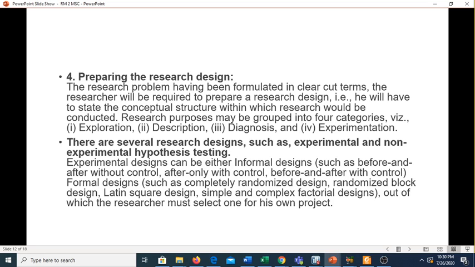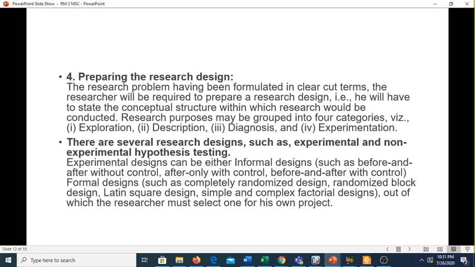For example, the research problem having been formulated in clear-cut terms, the researcher will be required to prepare a research design. That is, he will have to state the conceptual structure within which the research would be conducted. So you must be able to explain the conceptual structure. I'll come to explain more on this one.